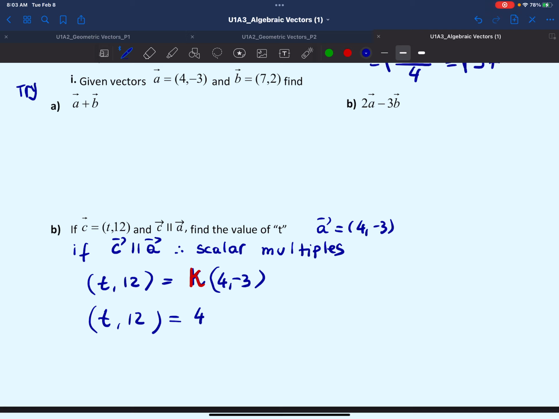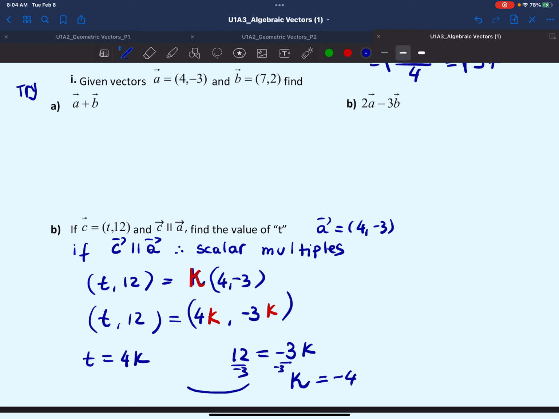So that would be like 4k and negative 3k. So that means that t equals 4k and 12 equals negative 3k. So the multiple actually, or the scalar that we have in this case would be -4. So you just divide by -3 here. So when you go back now to t, then we're going to say t must be 4 times -4. So that will make t equal to -16. So we'll say that t equals -16.